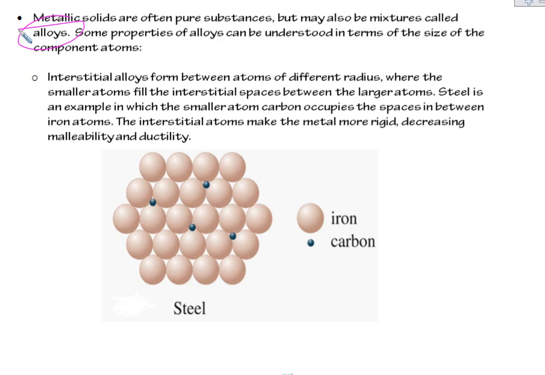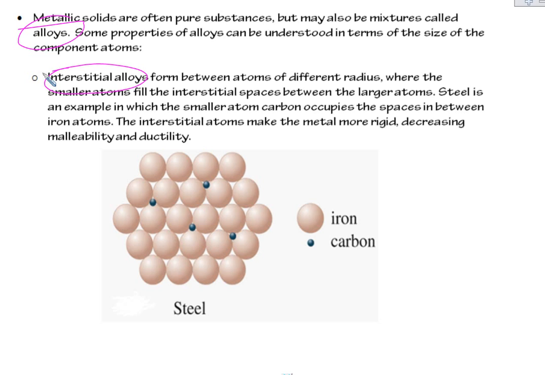Excellent. There are two options, two different kinds of alloys that we should be familiar with. One of them is called an interstitial alloy. In an interstitial alloy, you've got your typical atoms of a particular metal, and there's a smaller atom that kind of tucks itself into the spaces between those original metal atoms.